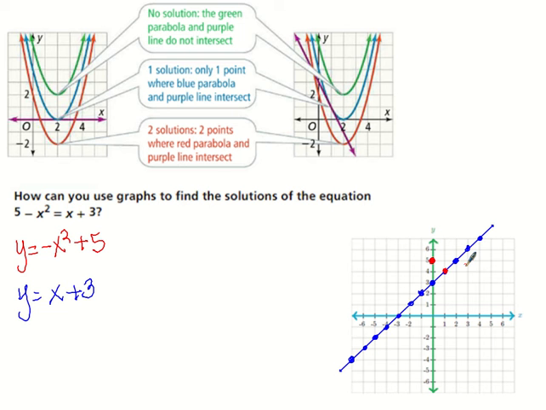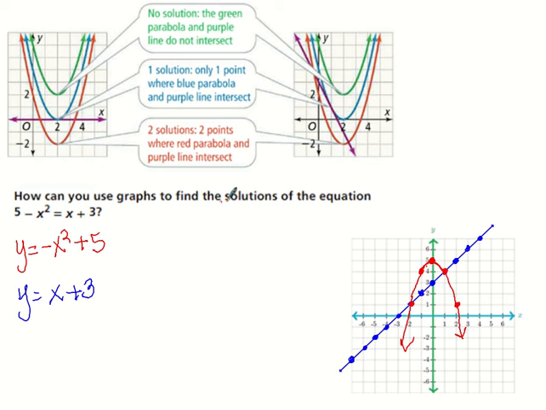Remember, we go 1, 2, 1, 2, 3, 4. That's probably good on that side. And then I'm just going to make sure it mirrors it on the other side of my axis of symmetry, and I'm going to get an upside down parabola like this. And now we can see that they cross in two places.